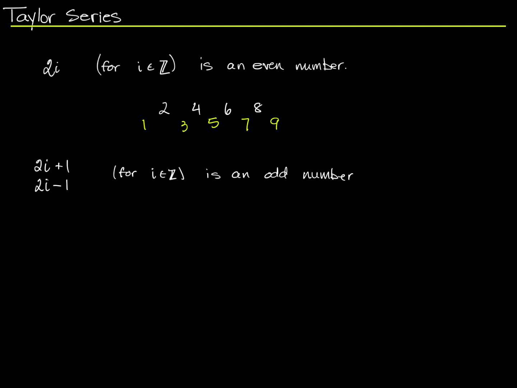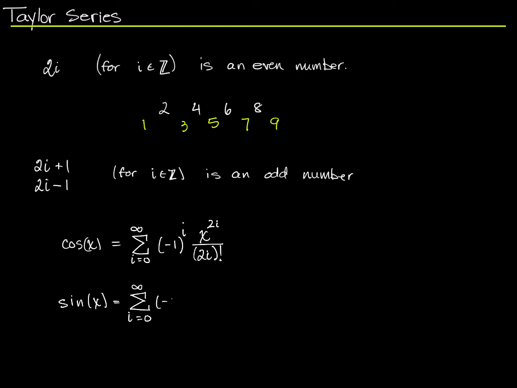Okay, so knowing that, and knowing that the cosine of x is equal to this Taylor series, i going from 1 to infinity of negative 1 to the power of i times x to the power of 2i over 2i factorial, then it turns out that the sine of x is equal to the series i equals 0 to infinity of negative 1, I'm going to leave the power for a moment, x to the power of, I'll leave that power as well, and I'll leave this.